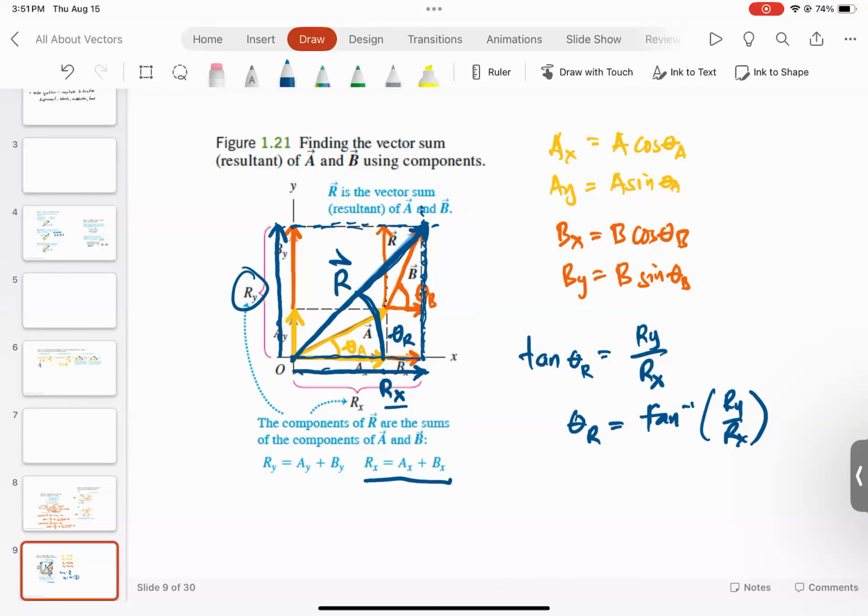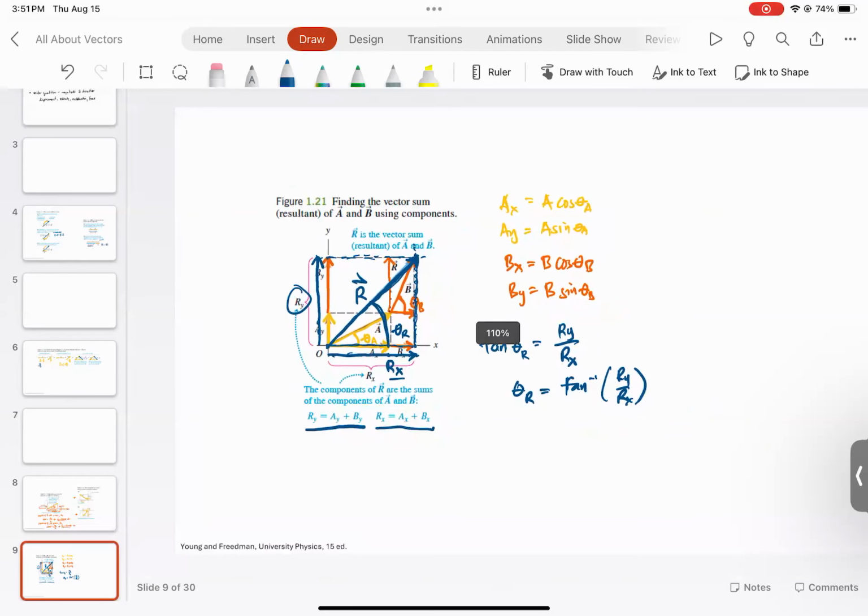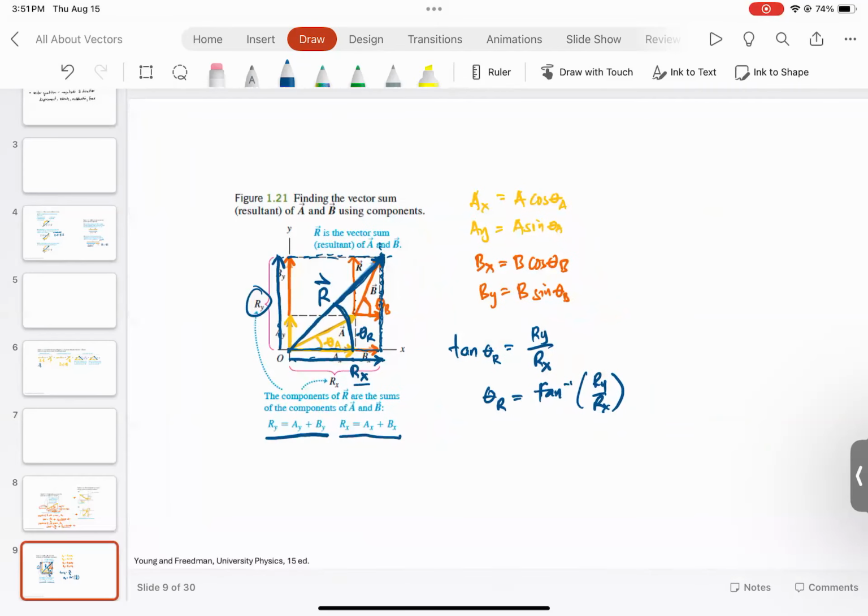Yung magnitude, of course, is just the sum of the x and y components of the individual vectors. Okay, so in other words, yung x component ng resultant vector is the sum of the x components of the individual vectors A and B, and yung y component ng vector R is just the sum of the y component of A and the y component of B. So this method now allows us to really quantify yung addition ng vectors, hindi tulad dun sa graphical method.